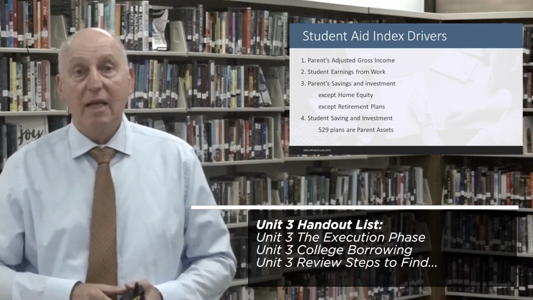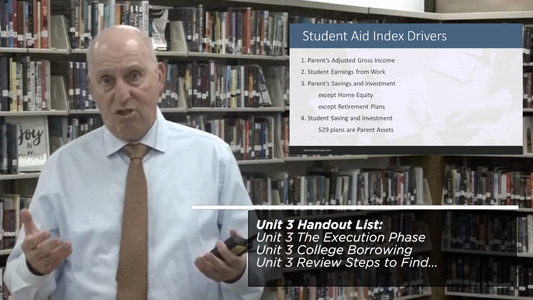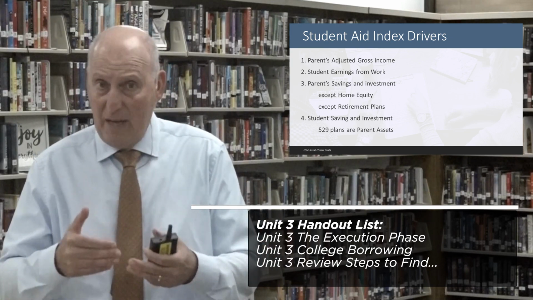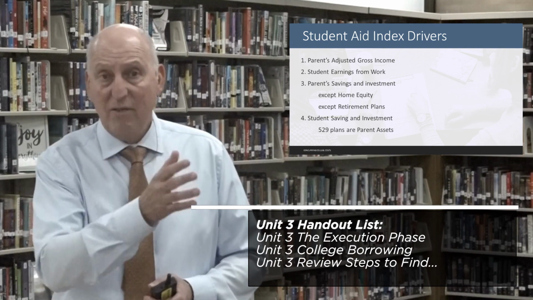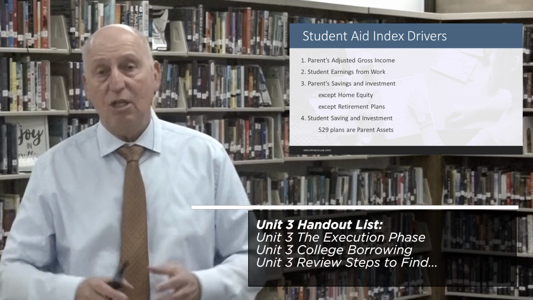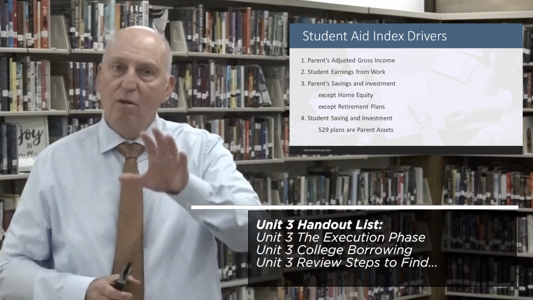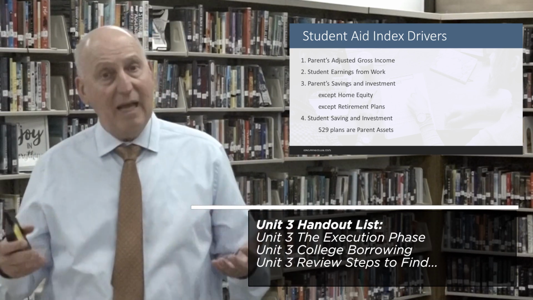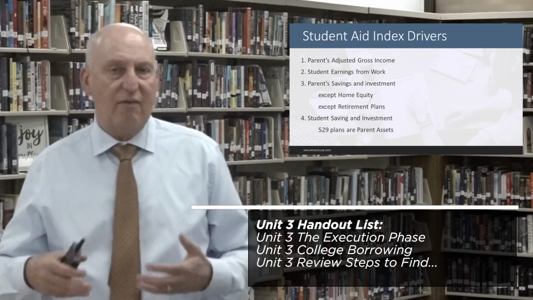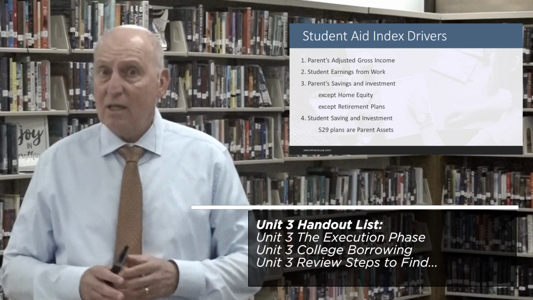Now, what they're going to do with those savings and investments is that is going to impact the dollars that are used in the calculation of SAI, beyond those that you don't record. So planning. Can planning be an element here of what you should do with your savings and investments? You might want to consider that.